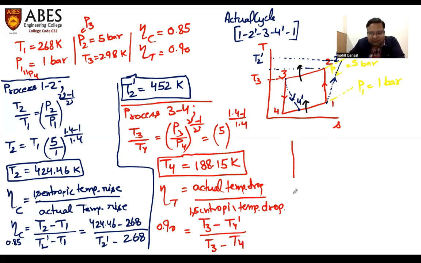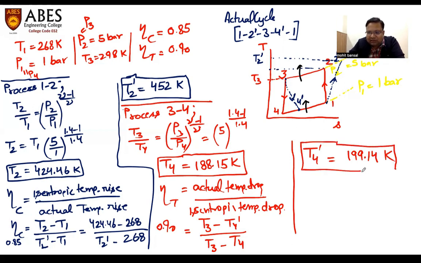So by writing down this T3, which is given to us in the question, it is 298 Kelvin or 25 degrees Celsius, and T4 we have just calculated as 188.15. So our T4 dash of the actual cycle comes out to be 199.14 Kelvin. So these are the unknown temperatures, which are very much essential to find out the cooling load and the work output of the compressor.